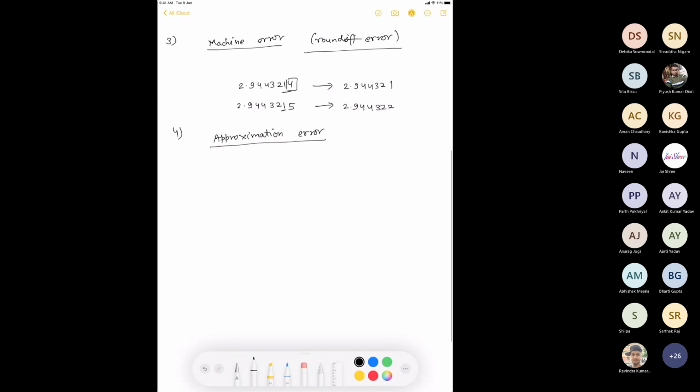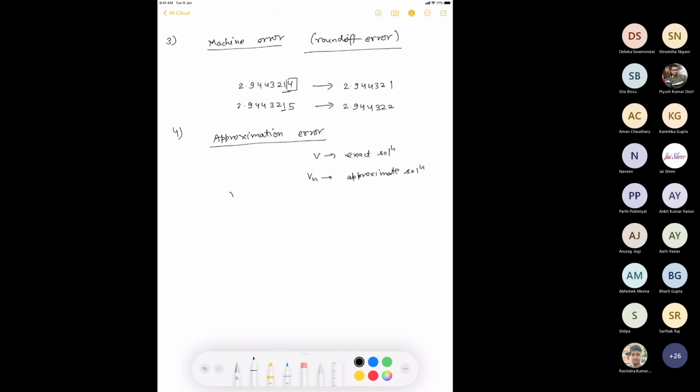Meaning the error which is, as I explained, suppose V is your exact solution, considering that your model is good enough, accurate enough with all the correct parameters. So you get V as an exact solution. And then we find Vh as an approximate solution by using some numerical methods.